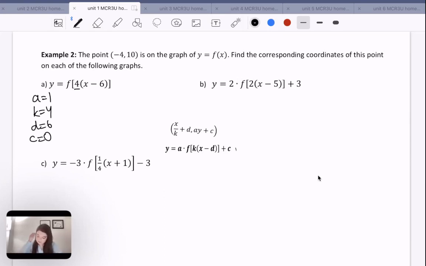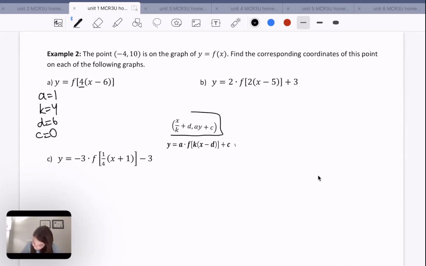So now I'm going to use this equation to find the answer to our question. Okay, so we have x over k plus d. So what's x? Well, x is -4, over k, which is 4, plus d, so plus 6. So that's our x coordinate.